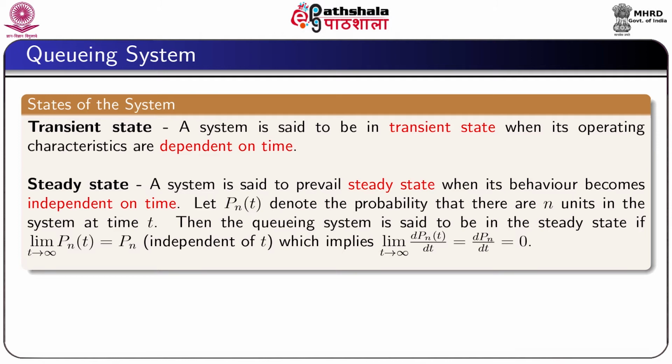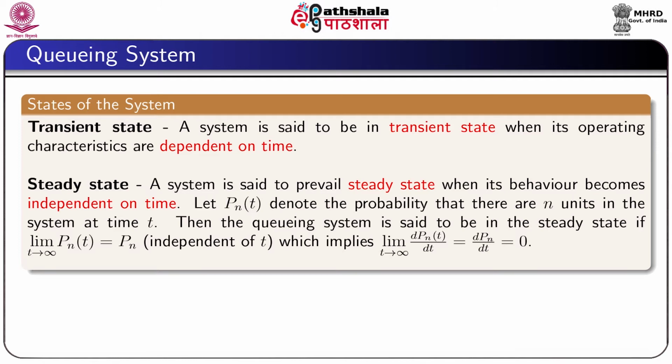This happens usually at initial stages of operation of the system, where its behavior is still dependent on the initial conditions. So, when the probability distributions of arrivals, waiting time, and service time are dependent on time, the system is said to be in transient state.